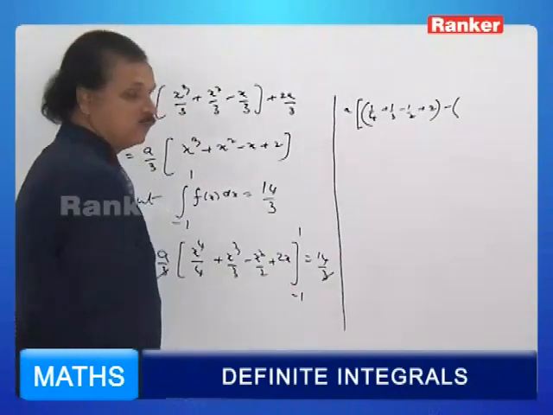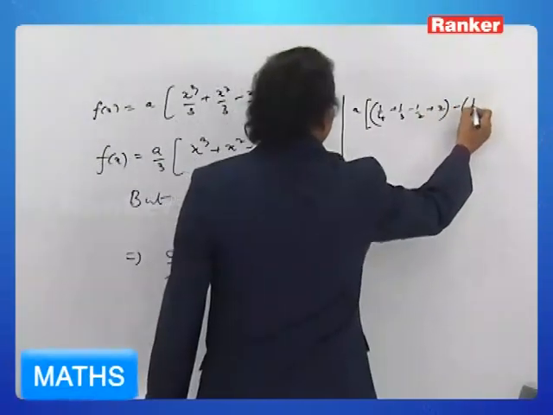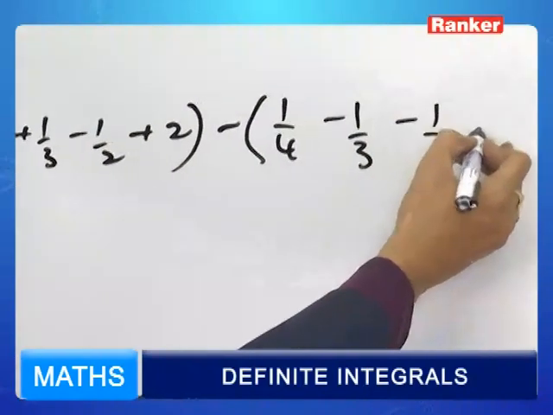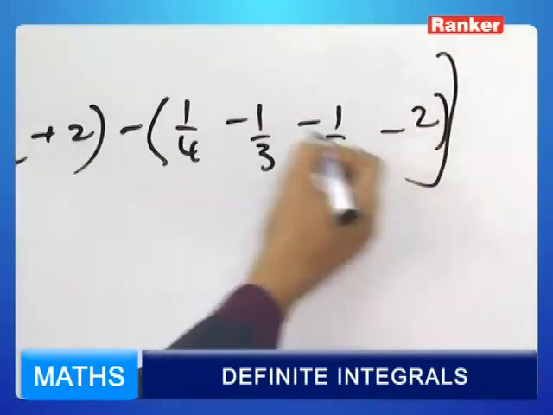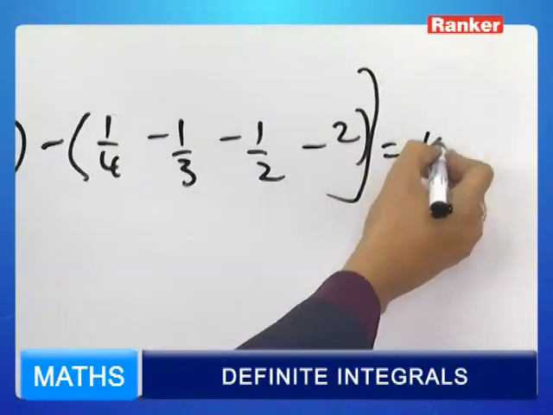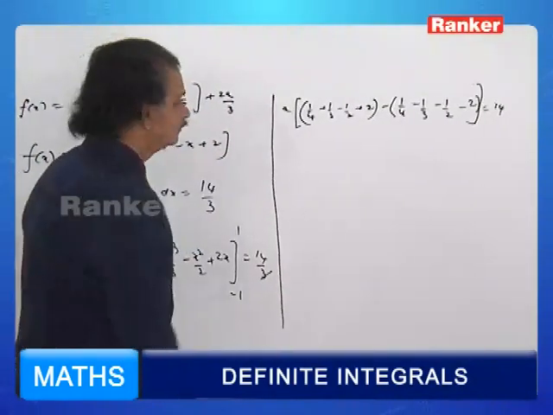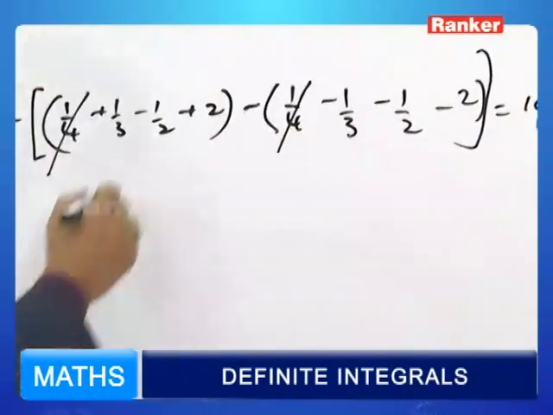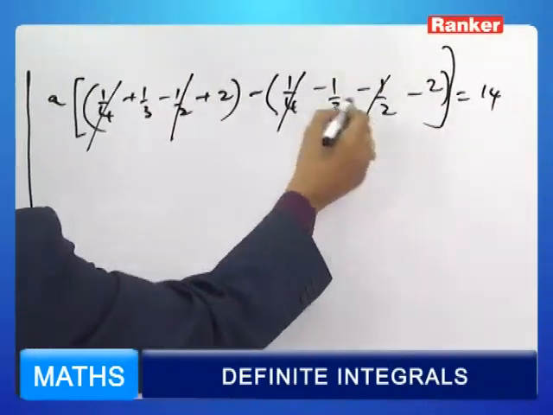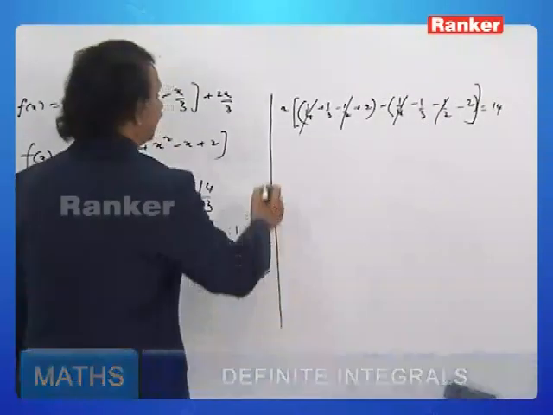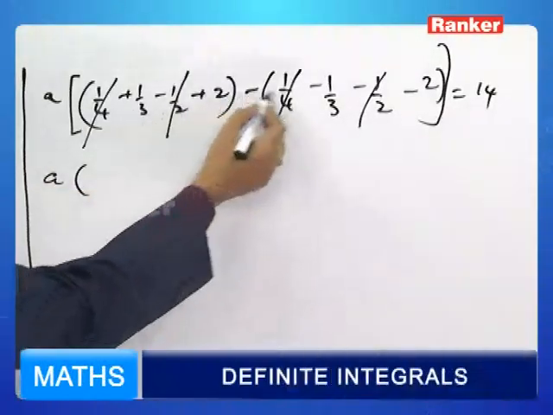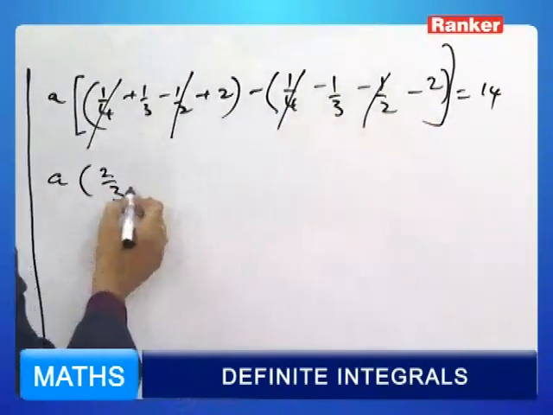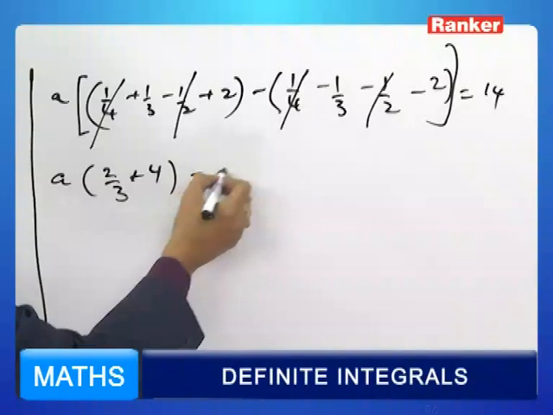If you put minus 1, minus 1 by 4 minus 1 by 3 minus 1 by 2 minus 2 is equal to 14. 1 by 4 minus 1 by 4 cancels; total a into 1 by 3 plus 1 by 3, 2 by 3, 2 plus 2, 4 is equal to 14.